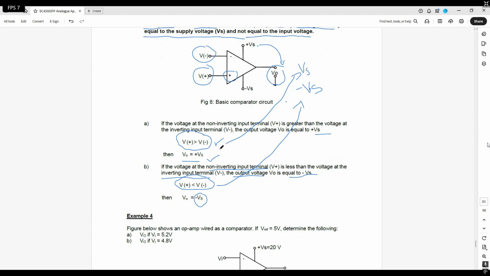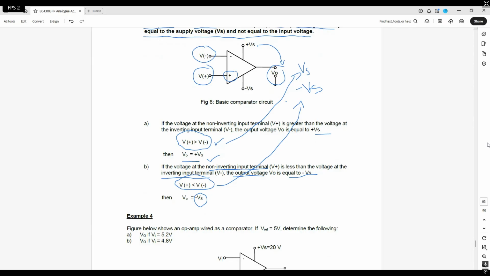Any question up to now? Just a quick check. Any question regarding the comparator? So to summarize this comparator, basically the output voltage of Vs depends on the input condition of the two voltages.